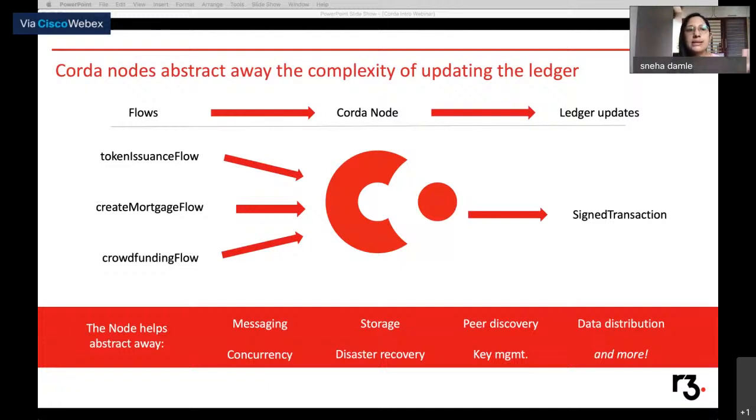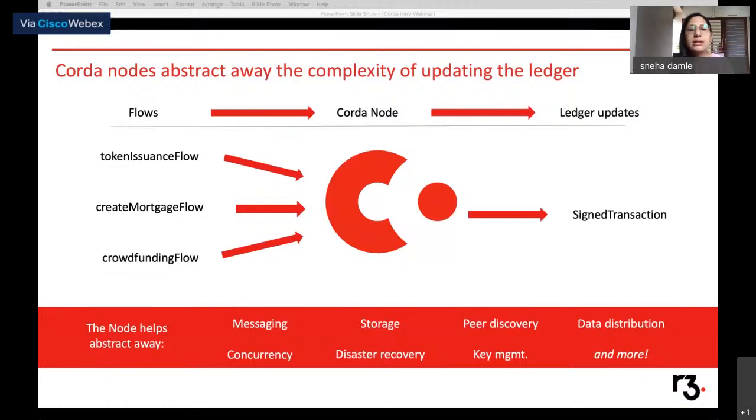Corda uses an RDBMS to store the ledger. Each node is connected to a particular RDBMS database. In this way, the node abstracts away a lot of the complexity of updating a DLT ledger and hides all the horrors of distributed systems and cryptography.